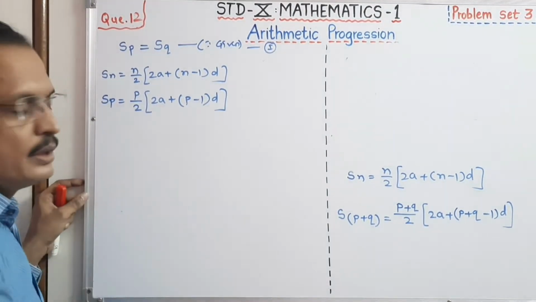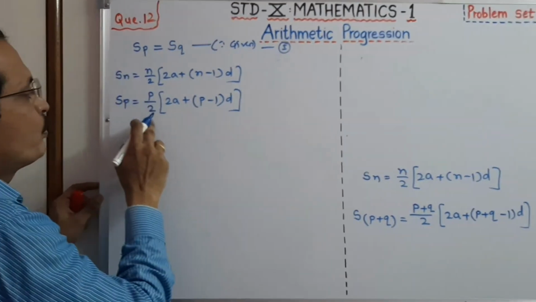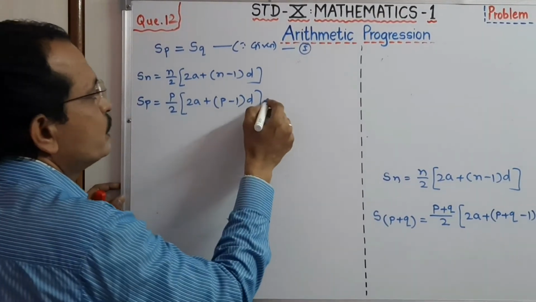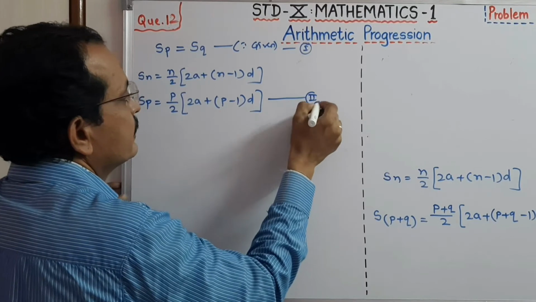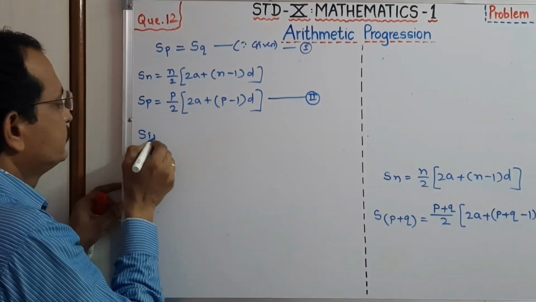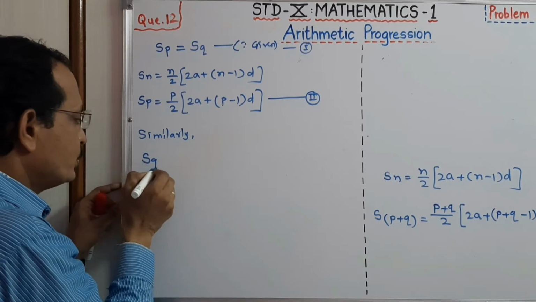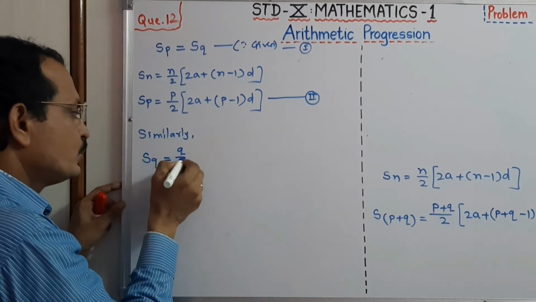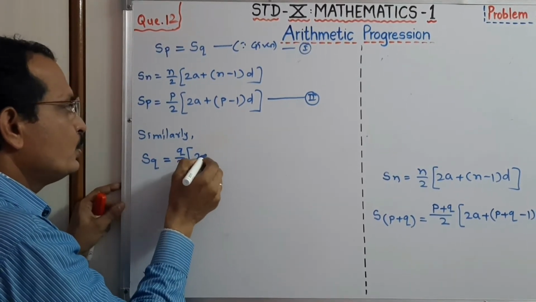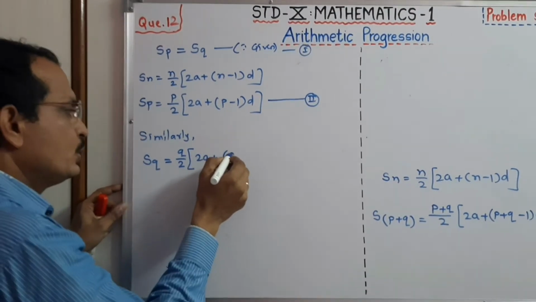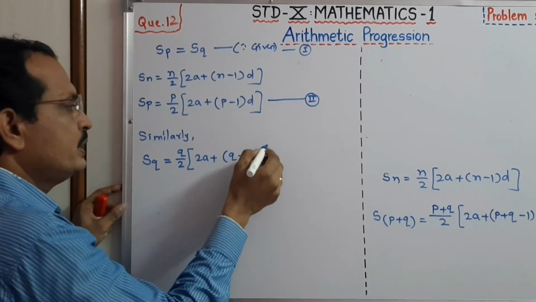Got it? This is Sp, p upon 2 into 2a plus p minus 1 into d. This is the first. Similarly, Sq is equal to q upon 2 into 2a plus q minus 1 into d.